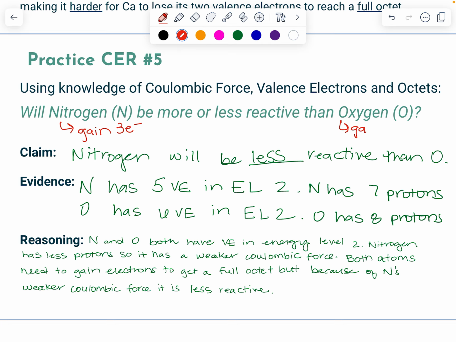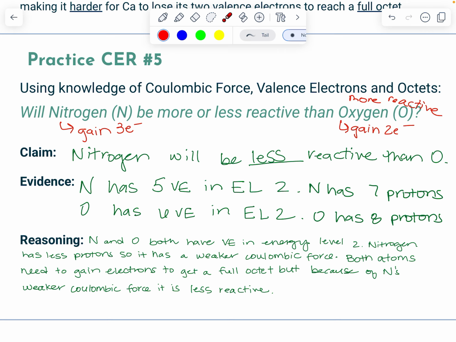Oxygen is going to gain 2 electrons, because it's easier to gain 2 than lose 6, which means that that oxygen is going to be more reactive. It's closer to that octet. And so now it kind of flips our Coulombic force because we are wanting to gain electrons. So nitrogen is going to be less reactive than oxygen.